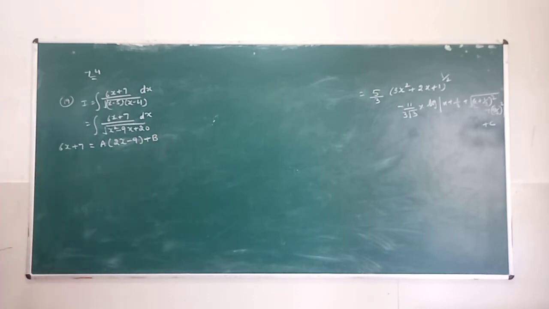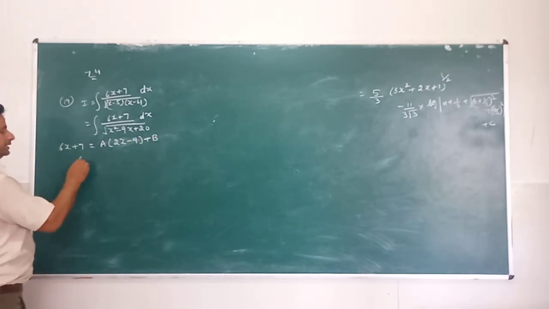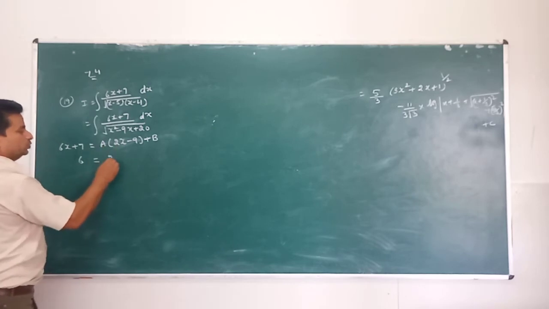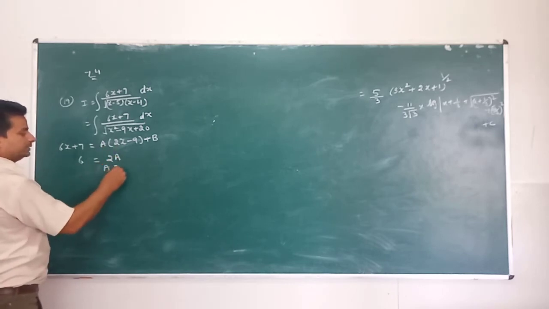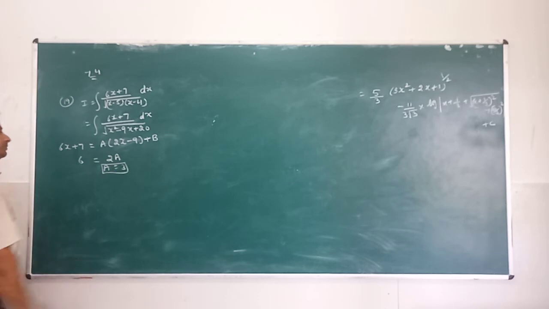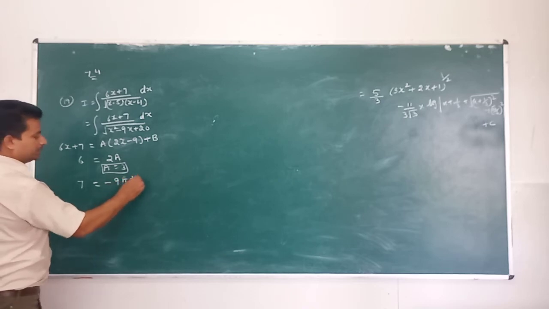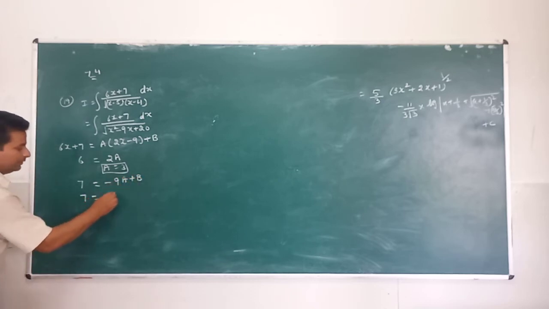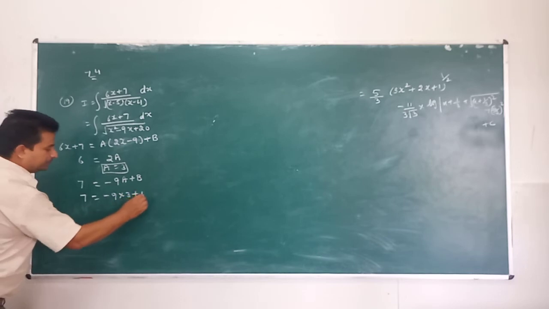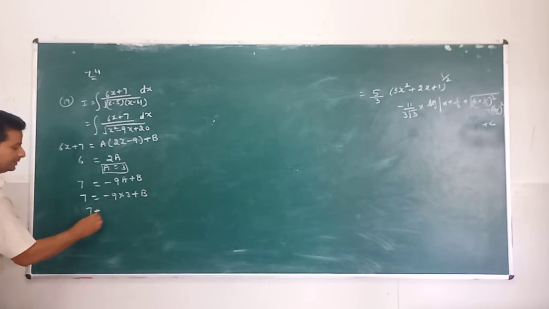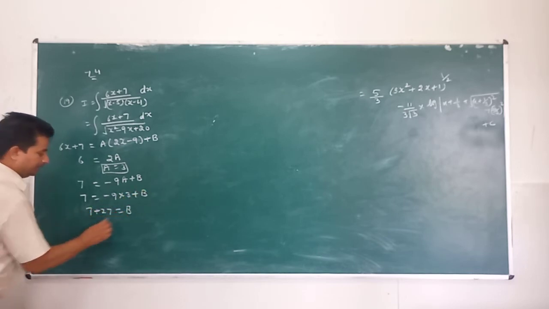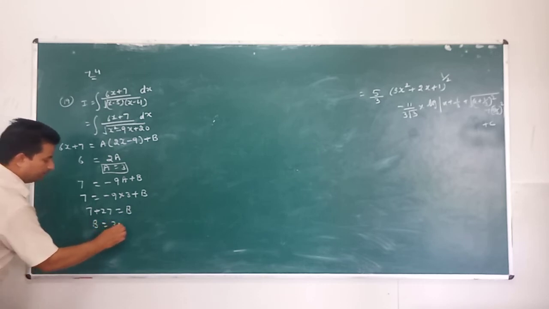When we compare the coefficient of x, there is 6 and this is 2a, so the value of a is 3. When we compare the constant terms, there is constant 7 and this is minus 9a plus b. When we put the value of a, this is 7 plus 27 equals b, so b is 34.